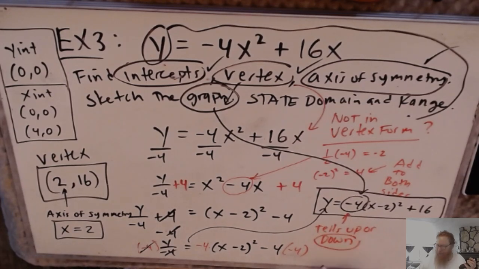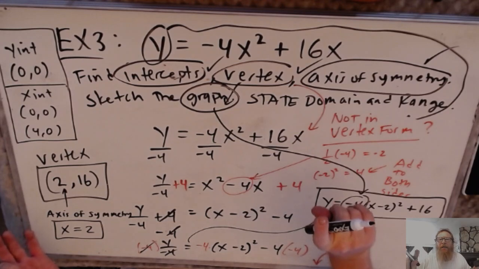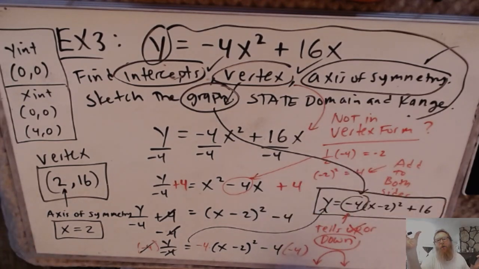It's opening down like an upside down U shape. If the leader was a positive number, then the parabola would open up like a U. But if it's negative, it goes down like an upside down U. It's good to know that before you start clicking around. If your graph ends up pointing the wrong way, that's a clue that you've done something wrong.